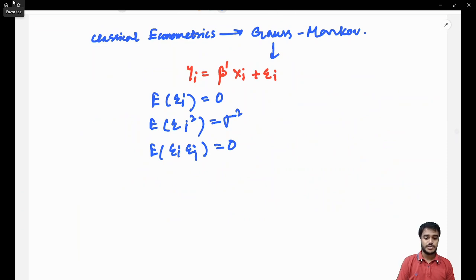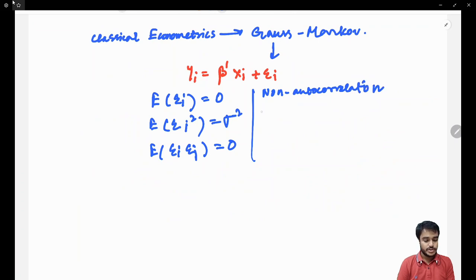Now there is another assumption known as non-autocorrelation. It says that covariance of epsilon i, epsilon j equals 0.